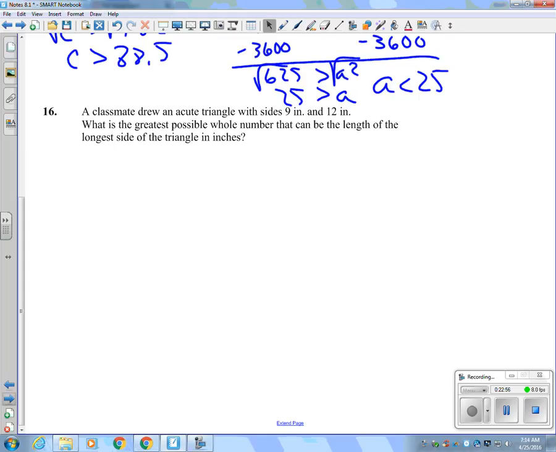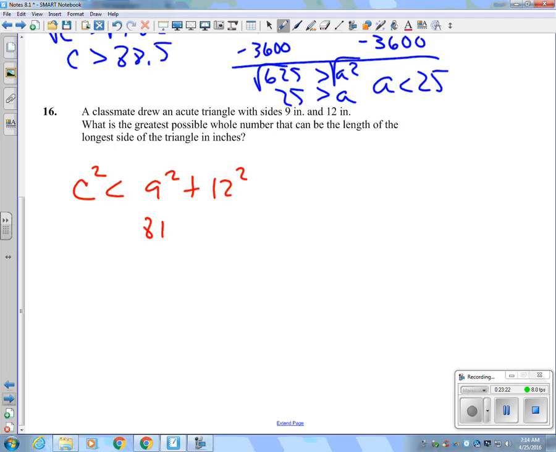So that kind of narrows my focus down a little bit, that I'm looking for C squared to be less than 9 squared plus 12 squared. Because it says it has to be acute, it says we're looking at the greatest possible number for it. And we're also looking for the length of the longest side of the triangle. So that meant it couldn't be that 12 is the longest side, for example.